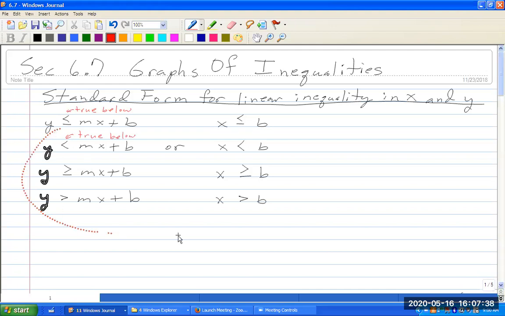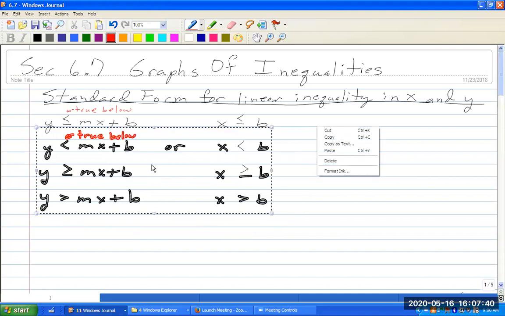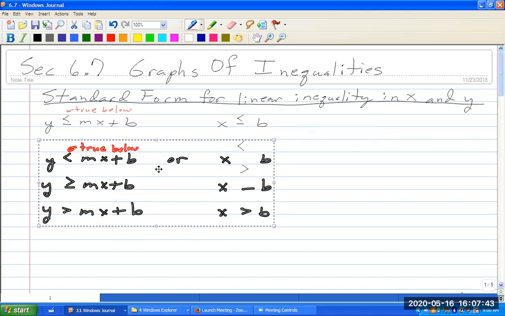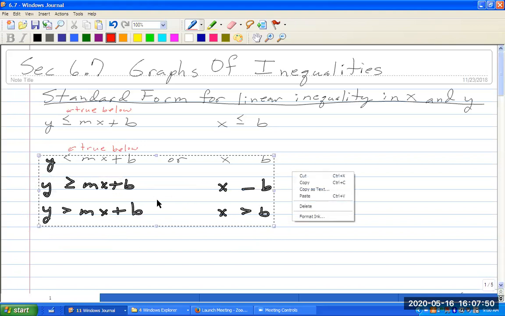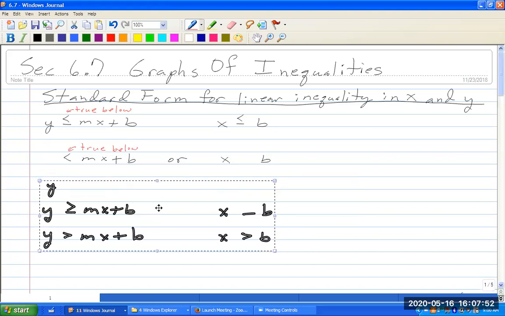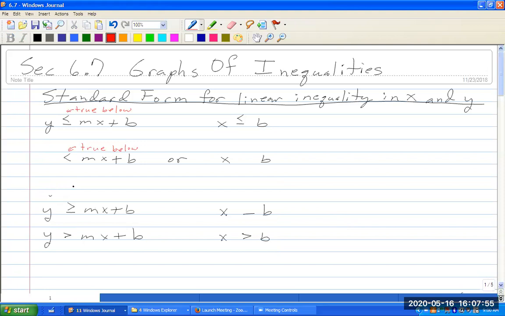Let's give a little bit more room here. So this is y. It's going to be less than, and greater than.